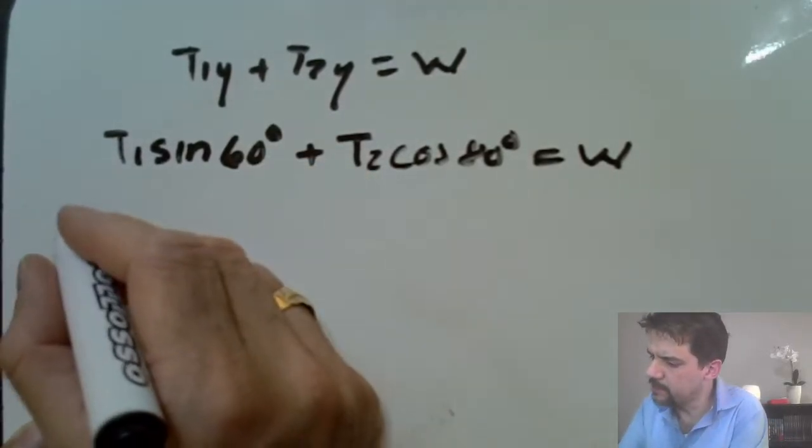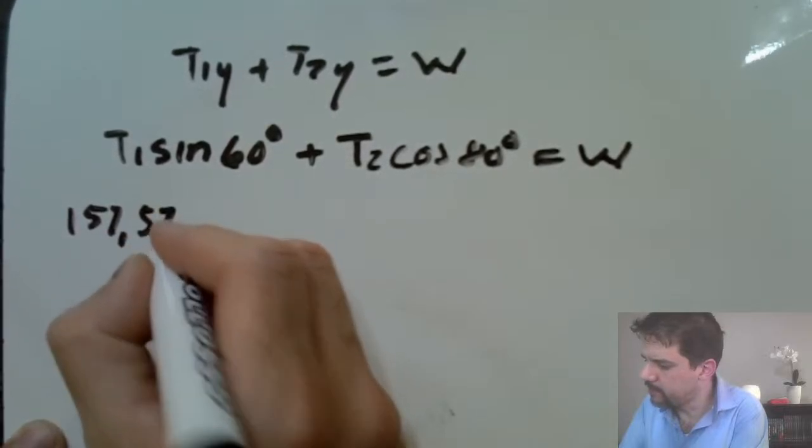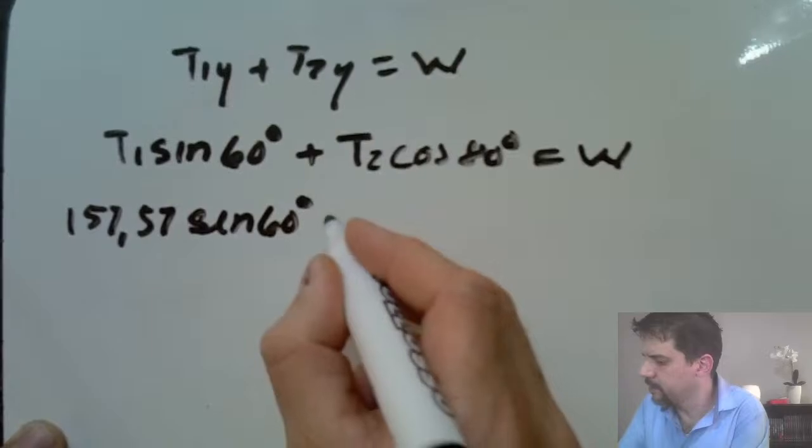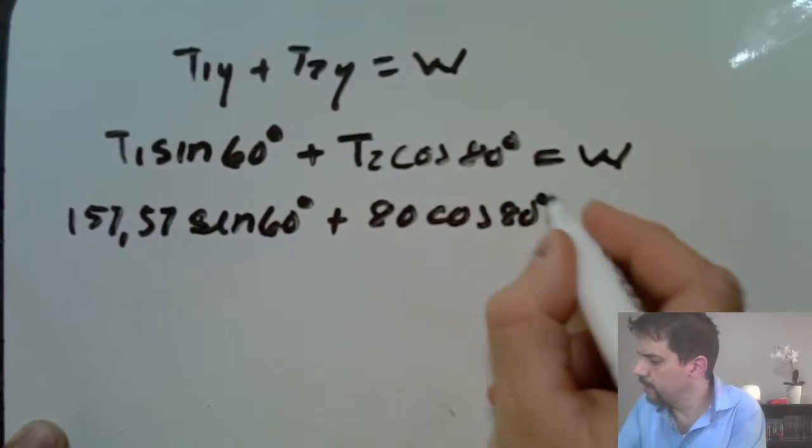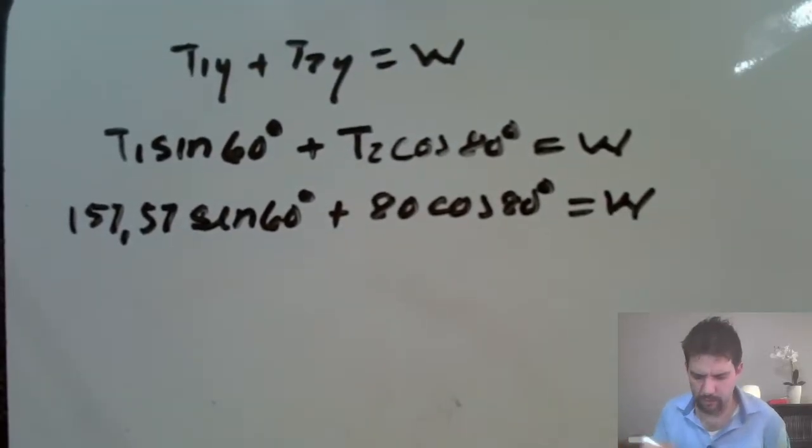T1 that was calculated is 157.57 multiplied by sine 60 degree plus T2 given as 80 cos 80 degree, and that is going to be equal to W. When you substitute, which I'm going to do real fast, we have 157.57 sine 60 plus 80 cos 80, that will be equal to 150.35.